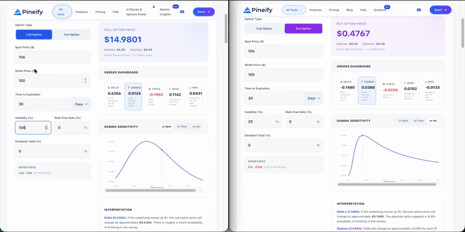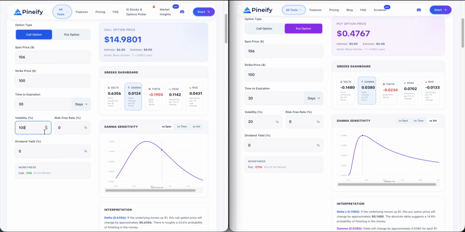And that's the reason why if we have a 106 spot price, we are not deep in the money with 100% volatility, but we are pretty much deep in the money with a volatility of 10. All right, this makes sense.